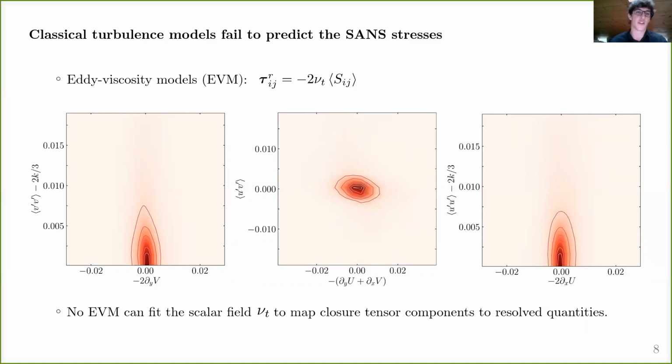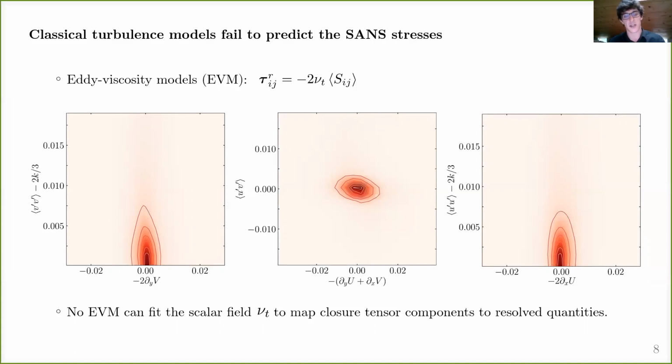So eddy viscosity models in principle shouldn't be well suited. But well, we had a closer look at this. Here we try to take into account the Boussinesq hypothesis, where the anisotropic part of our closure tensor is related to some turbulent viscosity times the spanwise average rate of strain tensor.